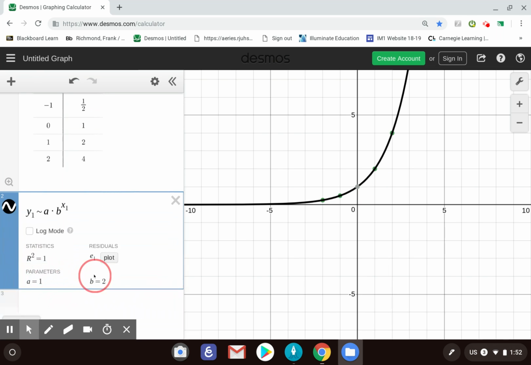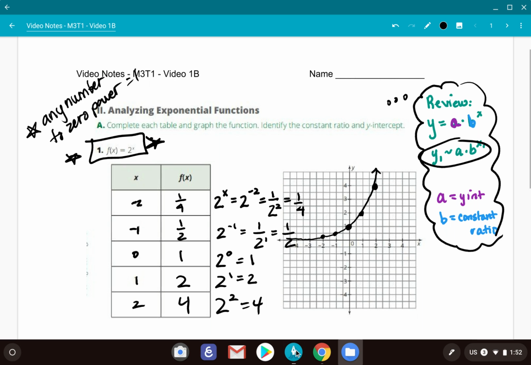My b value is my constant ratio, which is 2. And this is what my graph would look like. And you can also see that that looks a lot like the graph that we made. So our a value is 1, that's our y-intercept, and our b value is 2, which is our constant ratio.